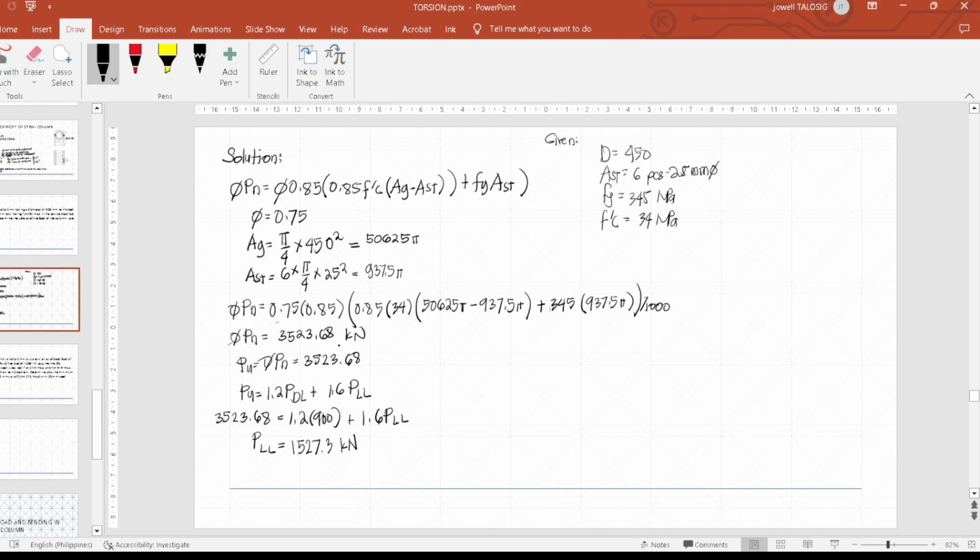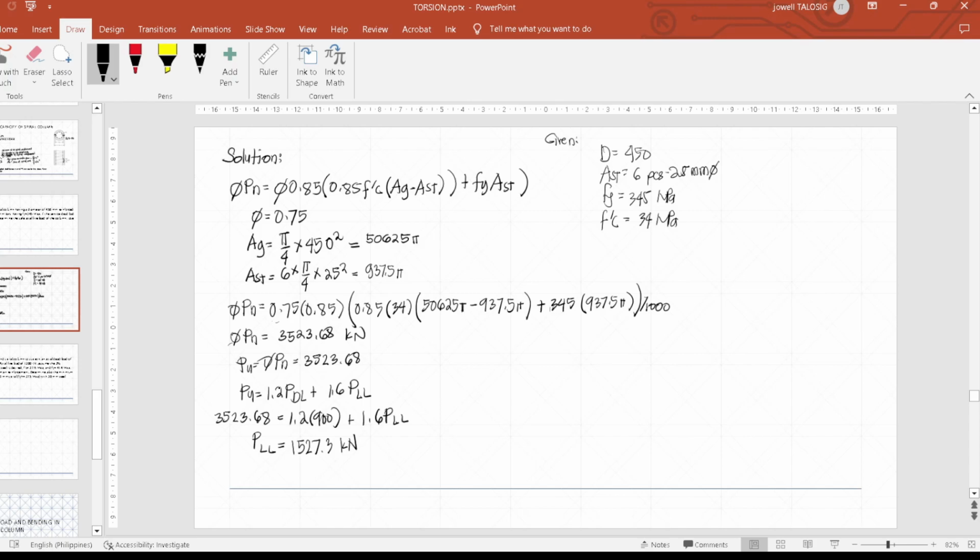So, where your PDL is 900 and your Pu here is 3523.68. Okay, so 3523.68 is equal to 1.2 times 900 plus 1.6 axial live load. So the PLL is equal to 1527.3. So that is our answer for problem number 3 for spiral reinforcement.